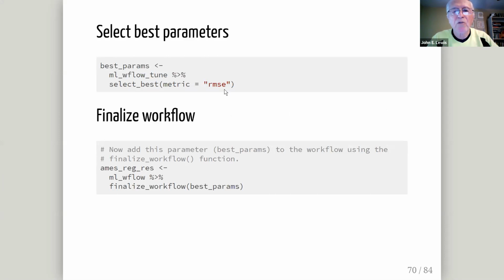It's the root mean squared error, and I create an object called best parameter. And now setting up the final workflow here, I have my workflow from before. I use the finalize workflow function to input into that workflow the value for the best parameters of my hyperparameters and create a new object here called aimsRegRes.